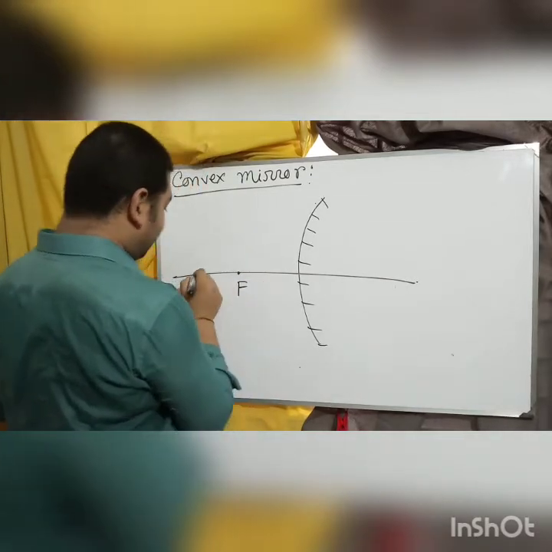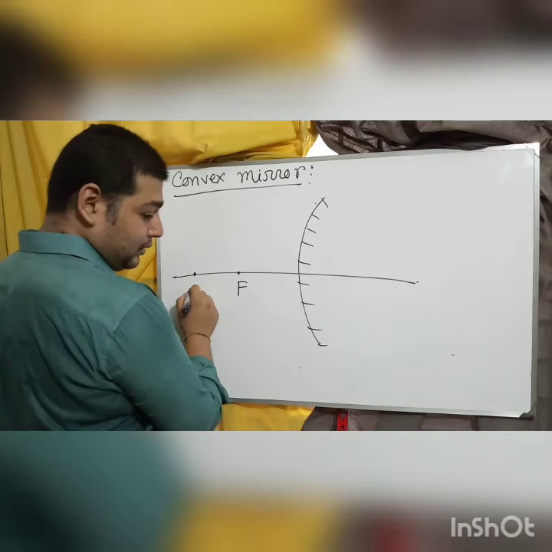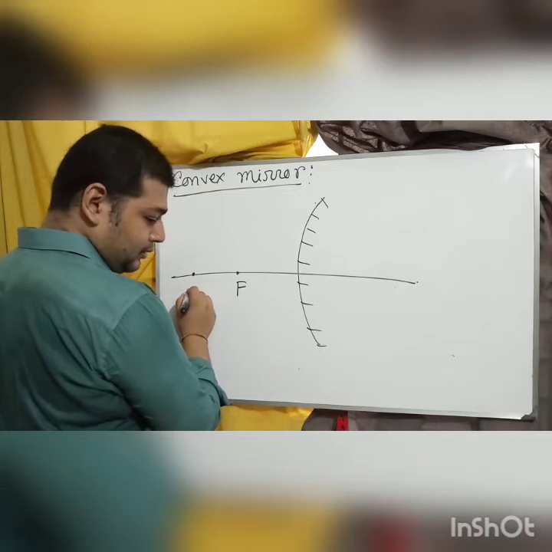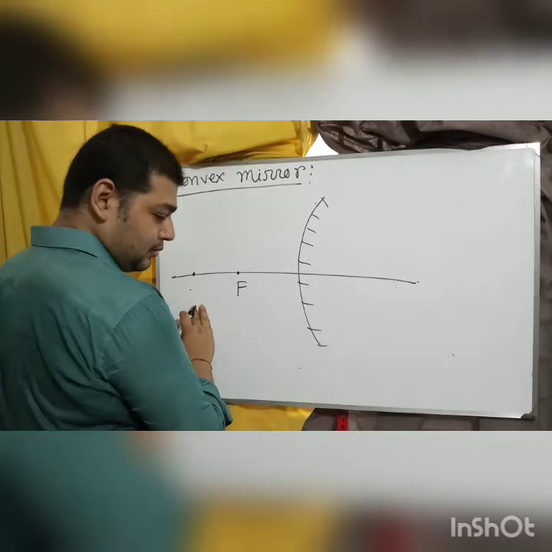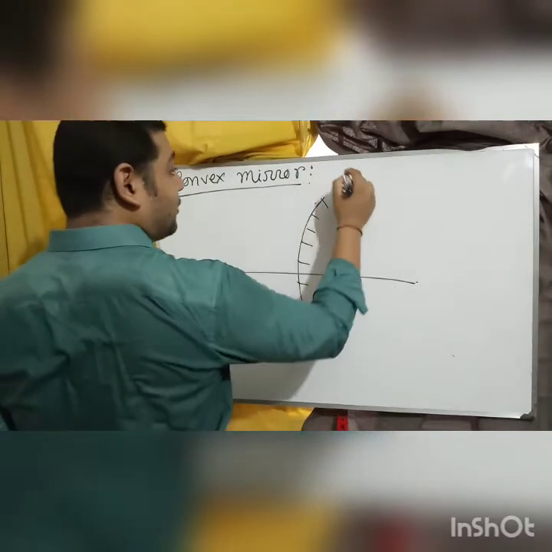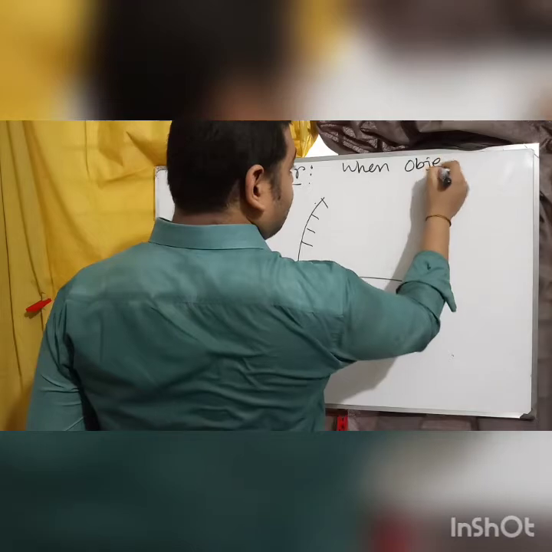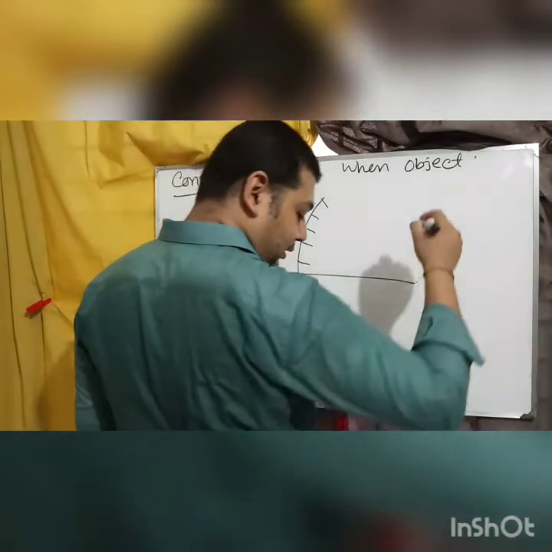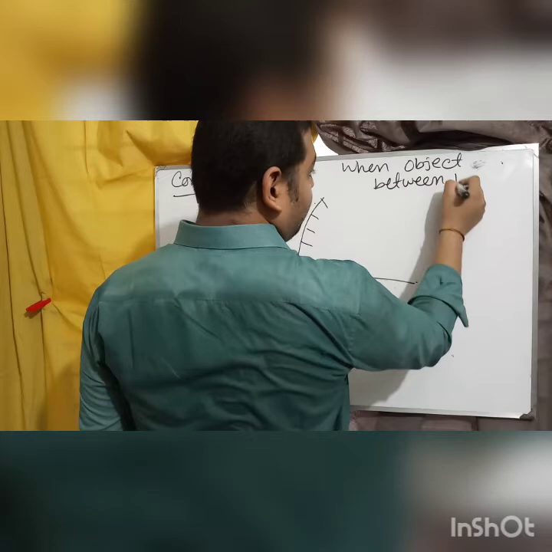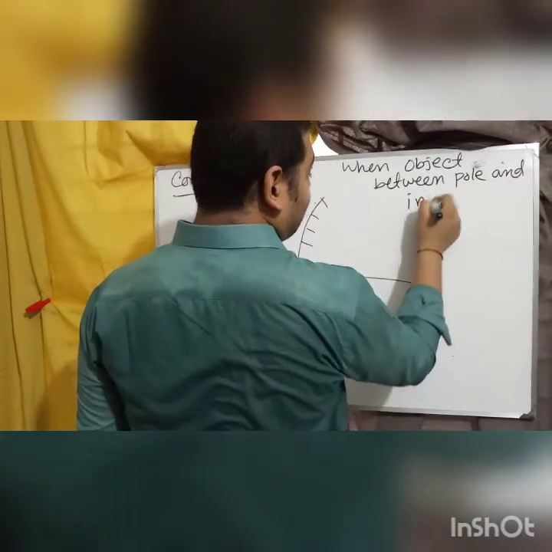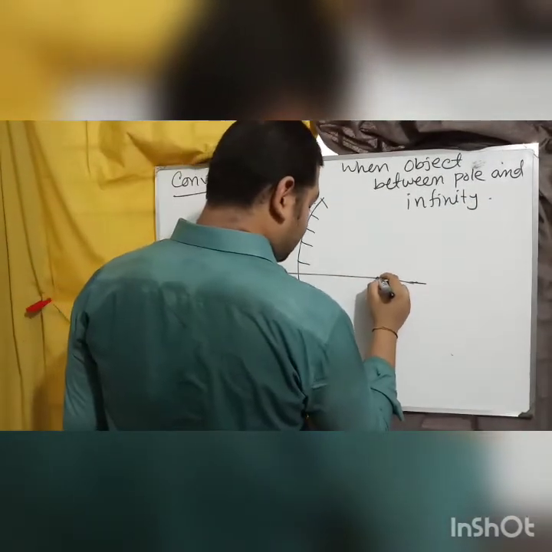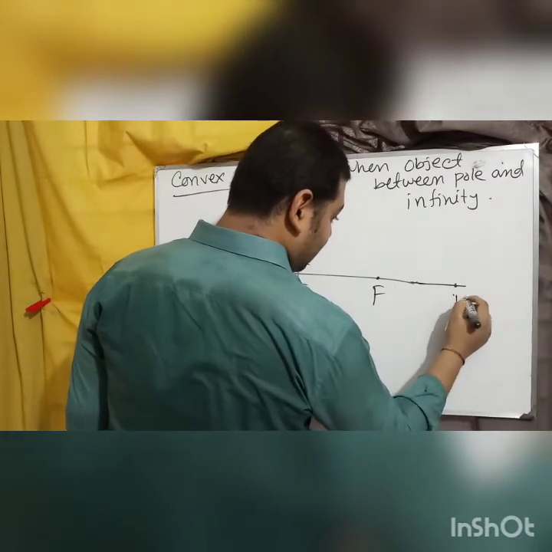This is focal point F and this is center of curvature C. This position is for when the object is between the pole and infinity.